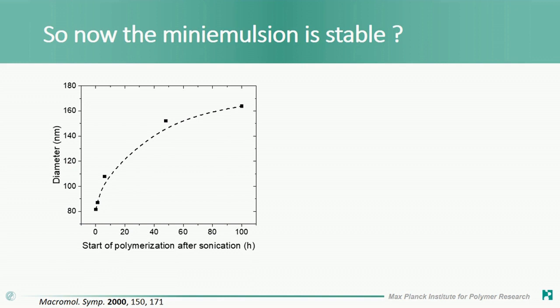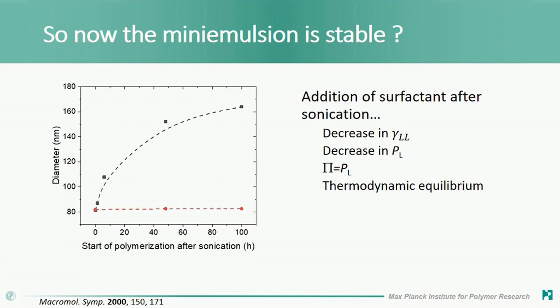Once you have your stable emulsion, you could add more surfactant. And the addition of this surfactant after emulsification will decrease the interfacial tension.